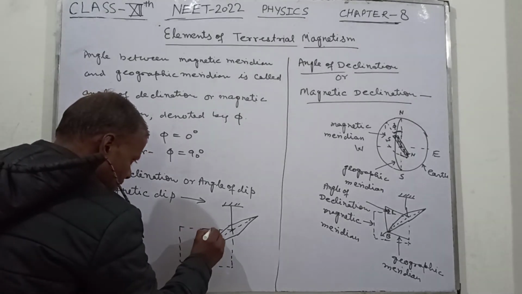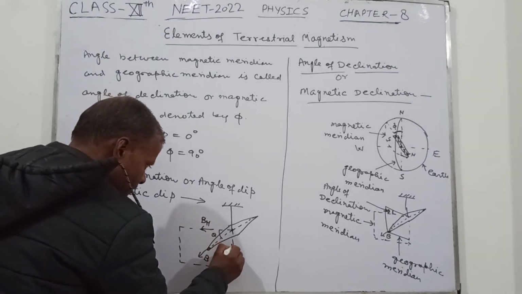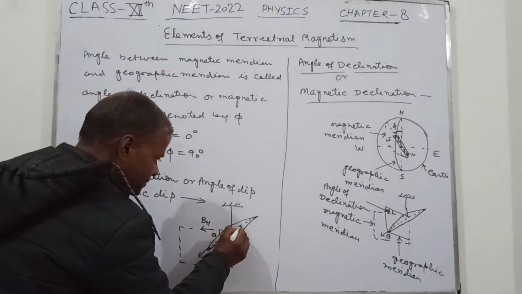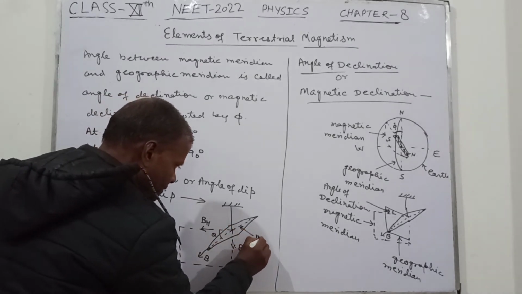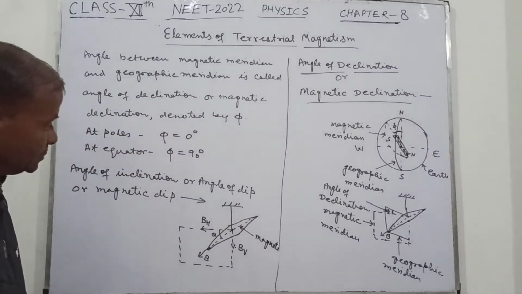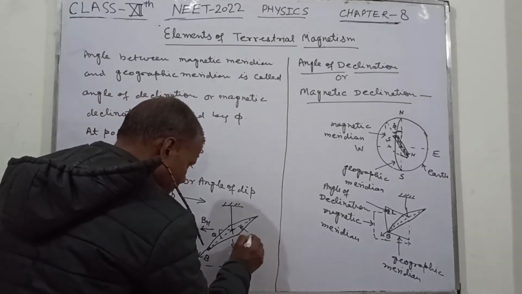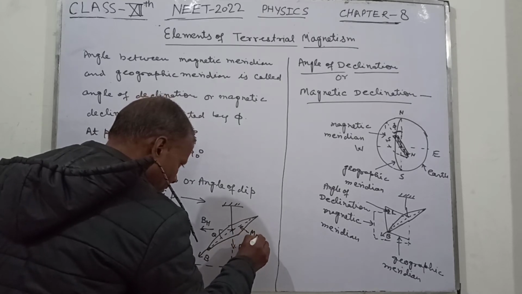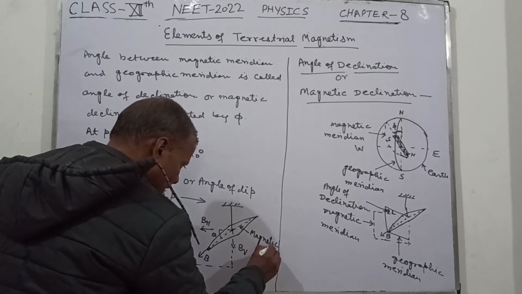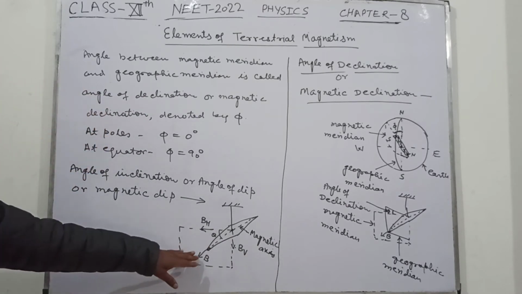This is the Earth's horizontal component BH, and this is the Earth's vertical component BV. This is the magnetic axis, and this magnetic axis is along B, the total magnetic field of the Earth.